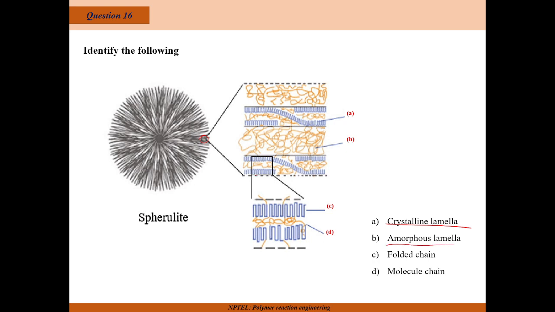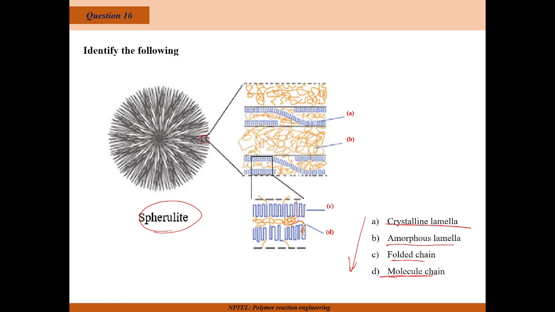If we take a closer look at this particular region, this exact thing is called the folded chain, and the one where we can see this orange thing is called the molecule chain. If we go further into the structure of the spherulite, we can see all these 4 structures.